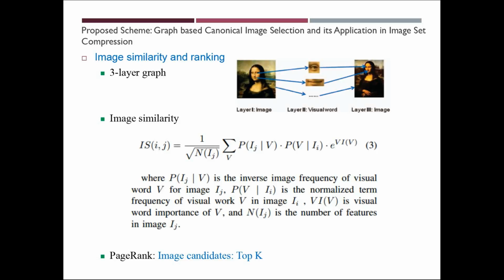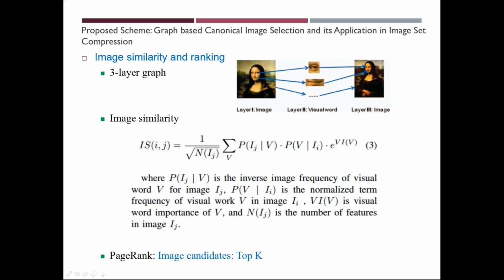After this, we perform a very similar procedure, which is the PageRank algorithm, to rank the image similarity, and we find the top K ranked candidates as the image candidates for the final step to select the canonical images.